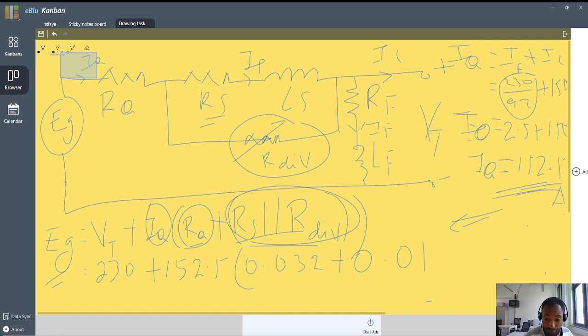Okay, this much. So generated voltage will be totally 236.4 volts. That is how we should attempt a compound generator having a diverter resistor. This is A. And let us proceed to B.